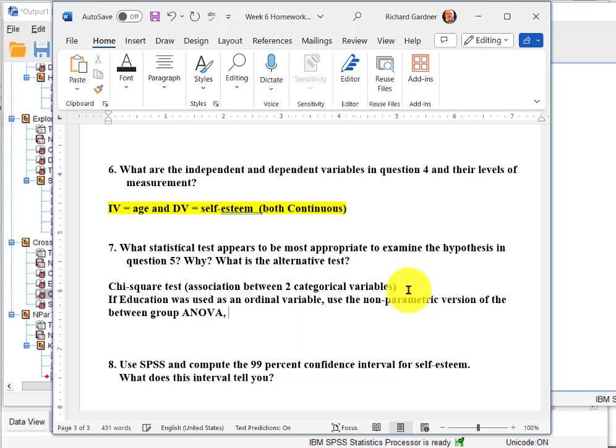It's called, I believe, the Kruskal-Wallis test.